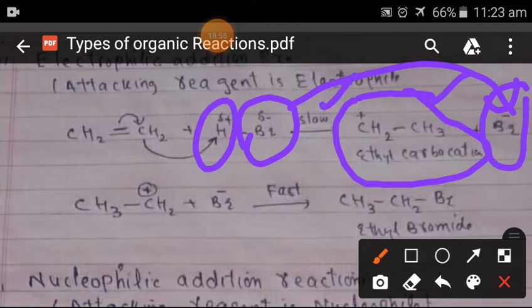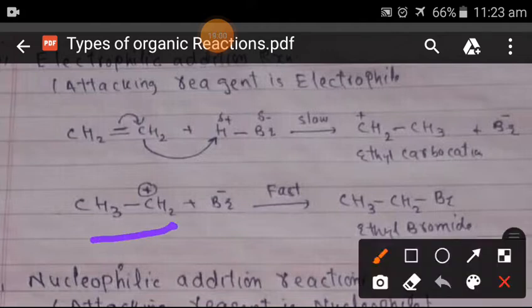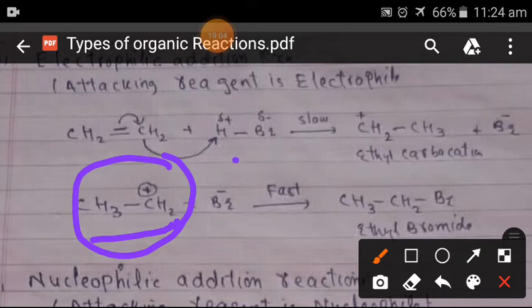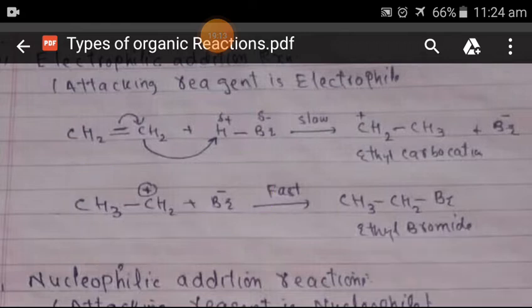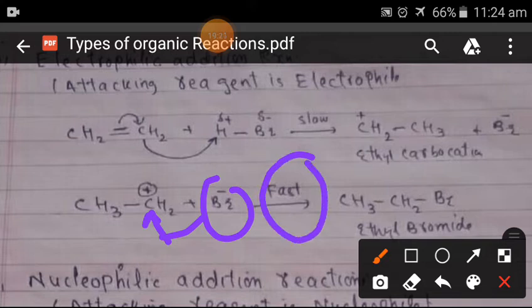This is a slow step, and in the second step the bromide ion carries out a nucleophilic attack on this carbocation. This step is very fast and results in the formation of ethyl bromide. So this is called an addition reaction.